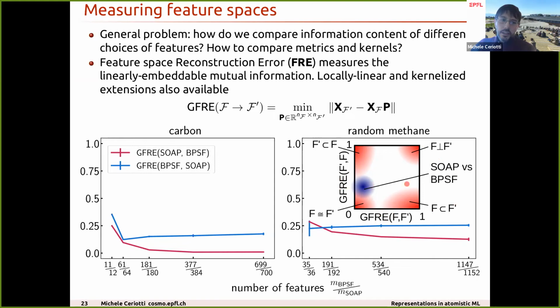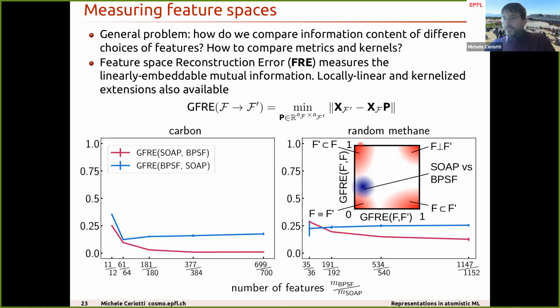You have different limiting cases when you do this exercise in the forward and the backward direction. If the error is 0 in both directions, it means that the two features encode the same amount of information. If the error is large in both directions, it means that in a certain sense the information that is encoded is complementary. So probably you should use the two feature sets together.